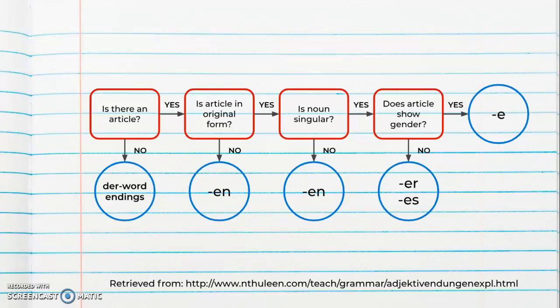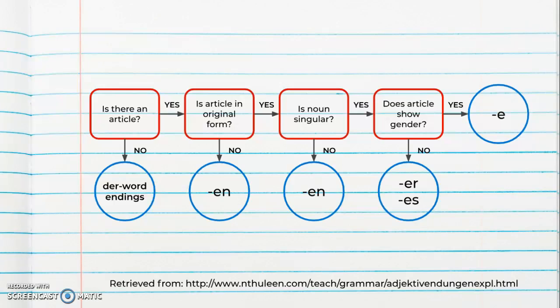It's pretty automatic. If there is, then we have to ask another question. Is the noun singular? No, add an en. Yes, it is singular. Then does that article show the gender? And if that is no, then we only have two endings to apply, er or es, depending on if it's masculine or neuter. And then if it's yes, we're only applying e.